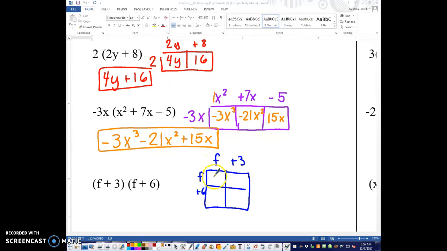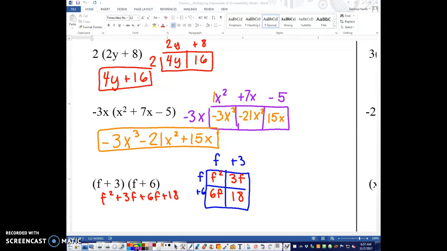F times f is f squared, good. 3 times f is 3f. 6 times f is 6f. And then 6 times 3 is 18. So we have f squared plus 3f plus 6f plus 18.